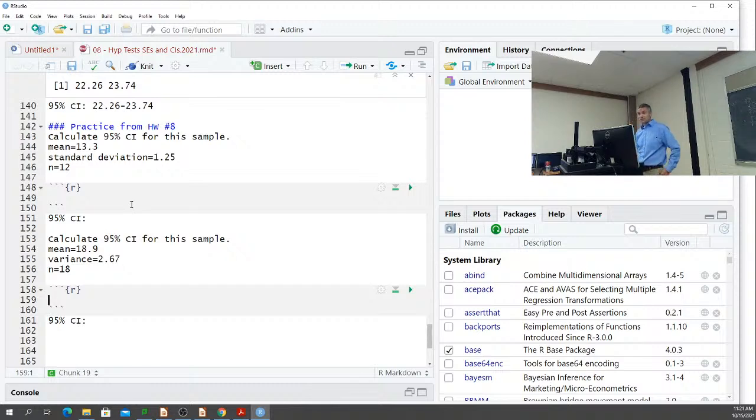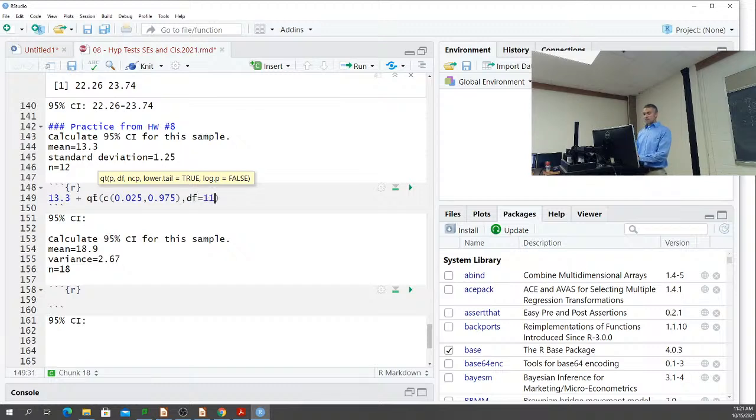All right, did you get this first one? So we're just doing it the same way. Our mean is 13.3. We're going to add our QT value, so it's 0.025 and 0.975. That gives us our 5% in the tails.